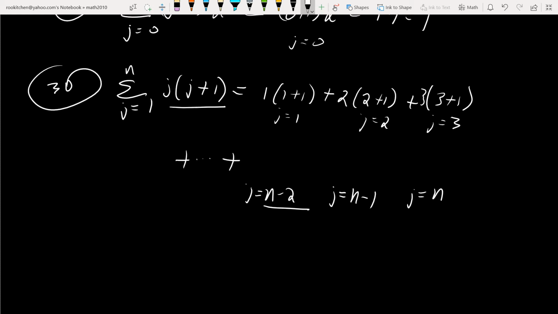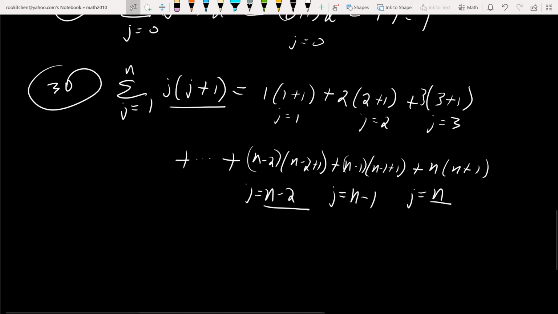So you would have n minus 2 times n minus 2 plus 1, and you would want to simplify that eventually. Here would be n minus 1 times n minus 1 plus 1. And then finally plus n, so I'm plugging in n this time, times n plus 1. Okay, so hopefully that clears that issue up.